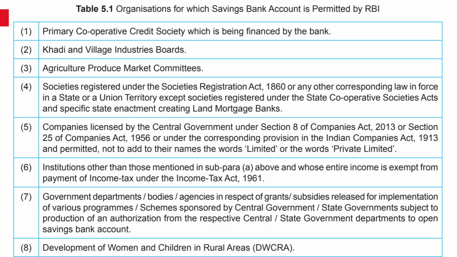1961. Then the government departments, bodies, agencies in respect of grants, subsidies released for implementation of various departmental schemes sponsored by the central government or state government, subject to production of an authorization from the respective central or state government department to open a savings bank account, development of women and children in rural areas.